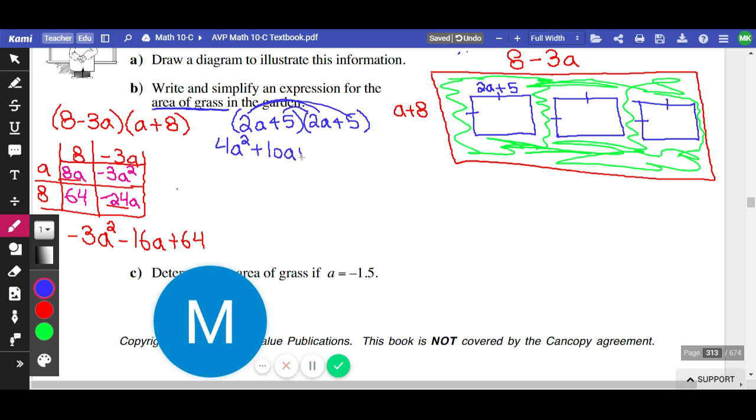Inside is another plus 10a. And then 5 times 5 is 25. Again, I combine my like terms to get 4a squared plus 20a plus 25. That would be the area of one of my square gardens.